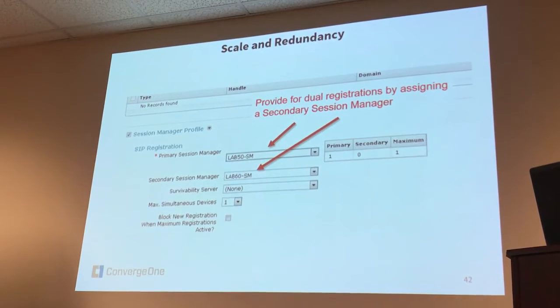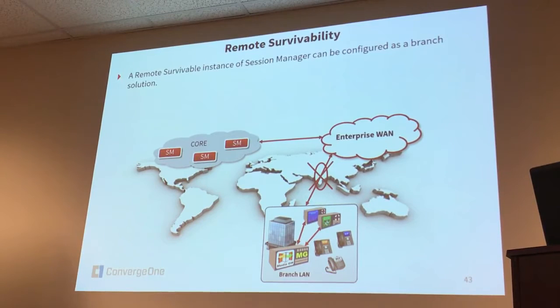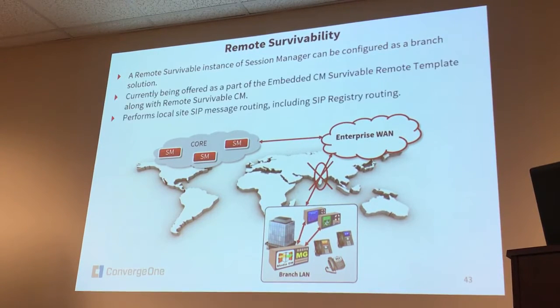Remember, it registers to the 3 points. It only subscribes to events on the primary session manager. But the primary session manager changes if there's an outage in the other, right?